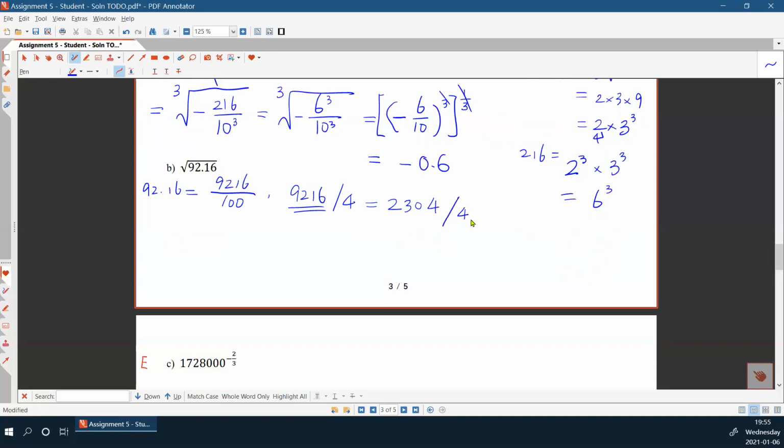And then next I try 4 again, which gives us 576, right? And again, I try 576 with 4, which gives us 144. Okay, 144 is actually 12 to the second power. So you have a 4 here, 4 here, 4 here, and a 12 squared here.